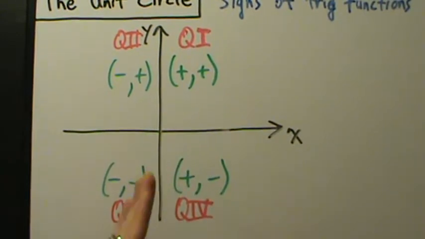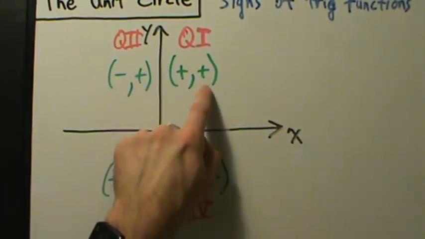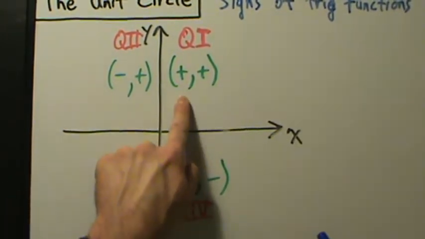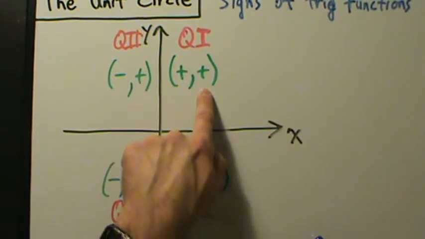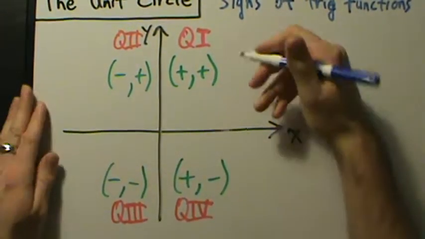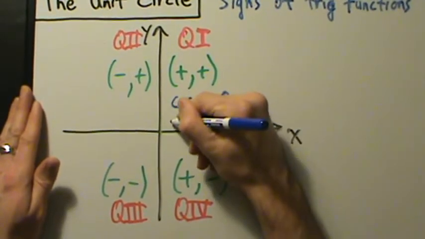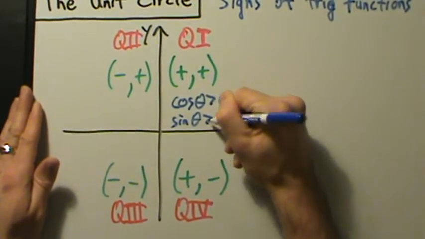Since sine of theta is the same thing as the y-coordinate, then if we're in quadrant 1, sine of theta is also positive. So in quadrant 1, cosine of theta is positive and sine of theta is also positive.